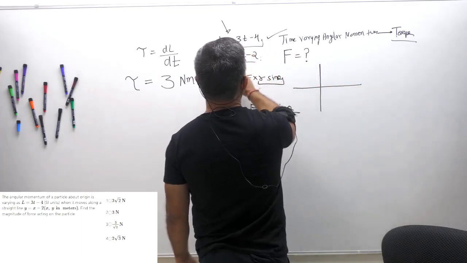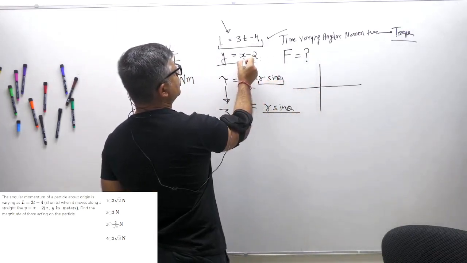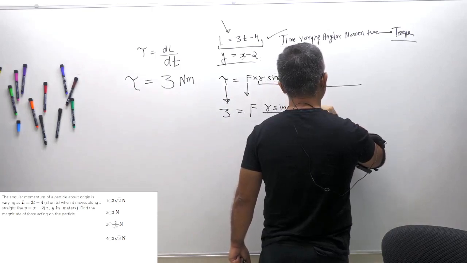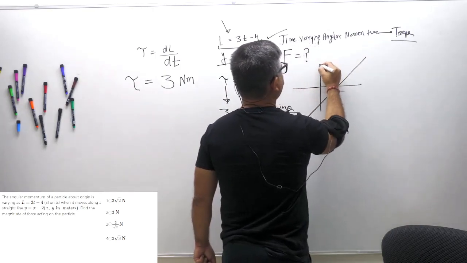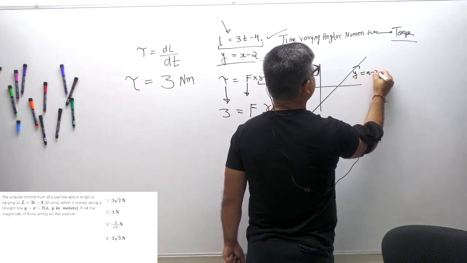I know this is y is equal to x minus 2. In the diagram, I'm going to put x is equal to 0, y is equal to minus 2, and x is equal to 2, y is equal to 0. So the line looks like this, and this is the equation y is equal to x minus 2.